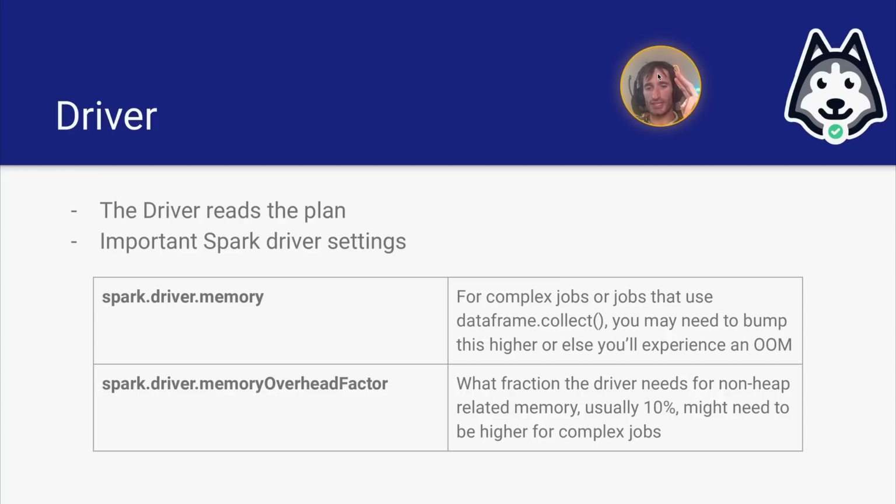So you might want to crank this to a different number, so that your non-heap memory is the memory that Java needs to run, not the memory for the plan or the memory for the collect calls or the memory for anything like that. It's none of that. It's just the memory that Java needs to run. And the only time that needs to be bumped up is if you have a very complex job.